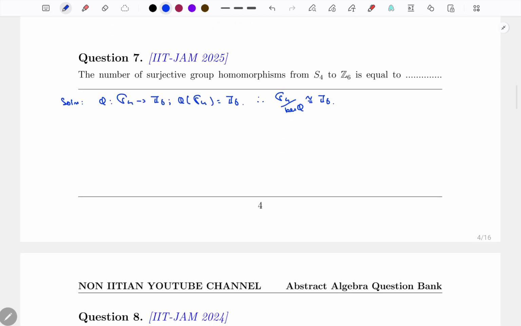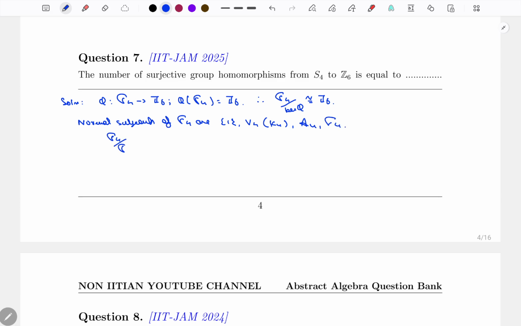Now, what are the normal subgroups of S4? The normal subgroups of S4 are the trivial group, the Klein 4 group V4, which I often write as K4 as well, A4, and S4.